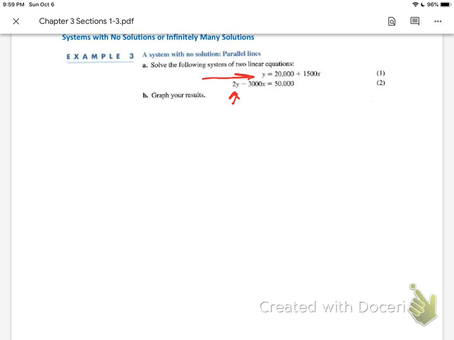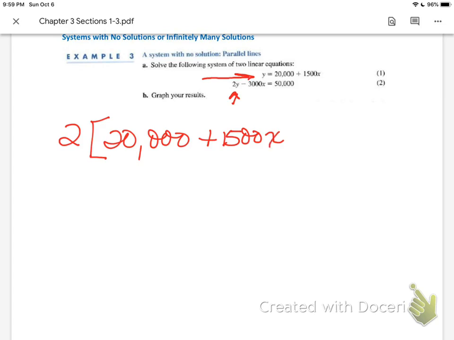So I'm going to say 2 comes along for the ride, and then I'm going to write in 20,000 plus 1,500x. That's just substituting in for the y, minus 3,000x equals 50,000. Again, we're trying to figure out what is the x.